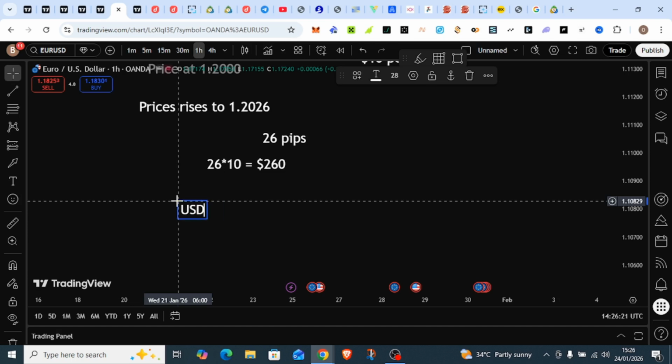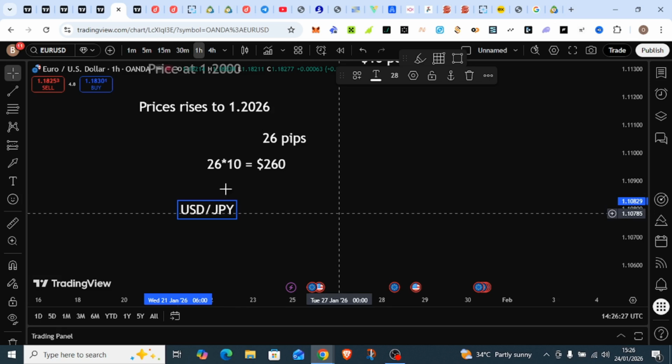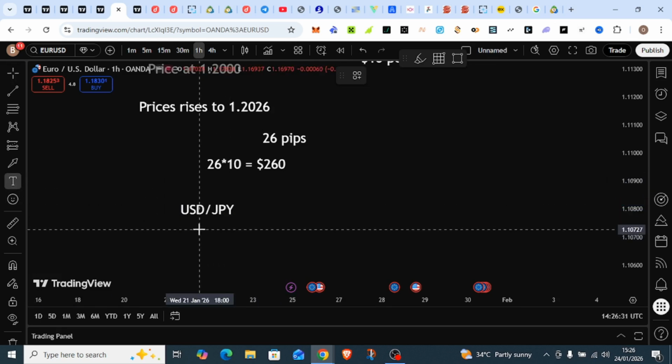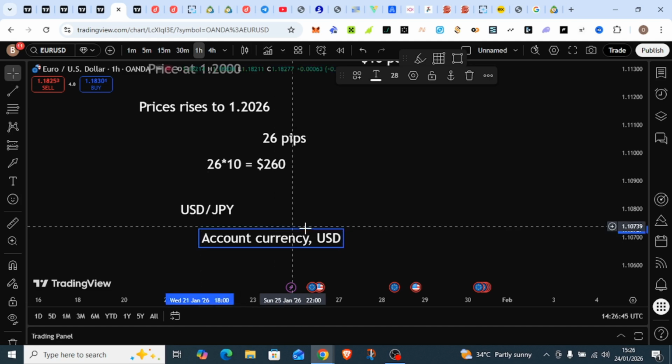Let's also state the conditions here. Account currency is also in USD. Pair is USD JPY.